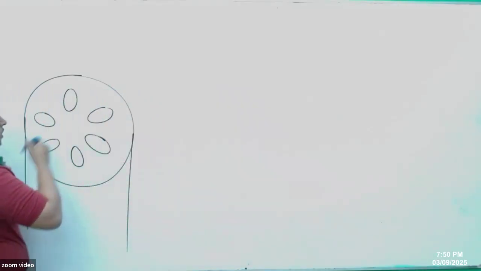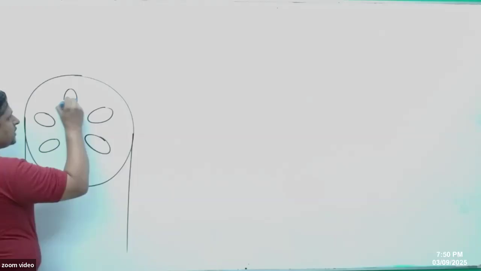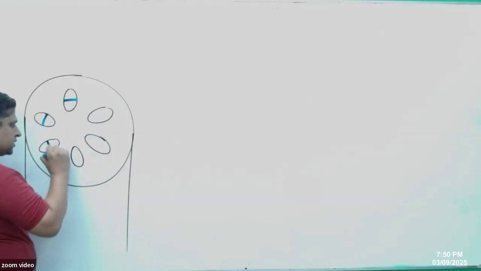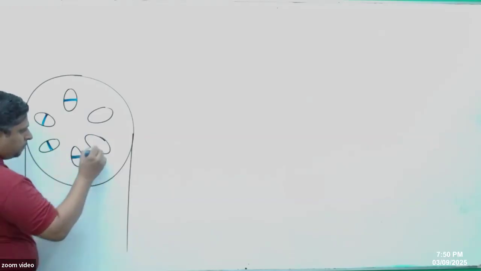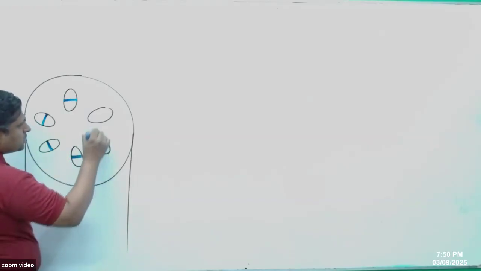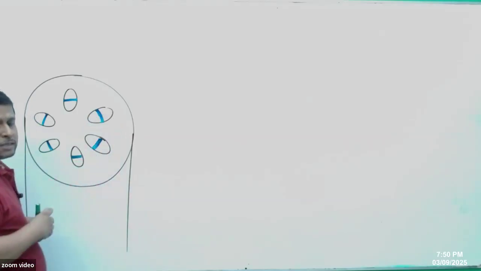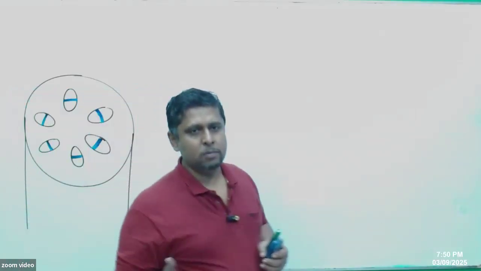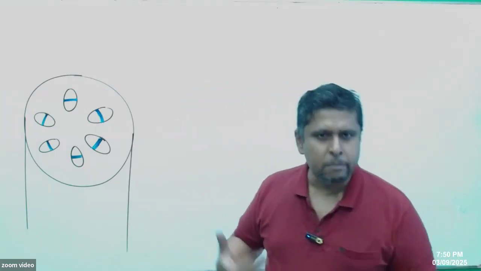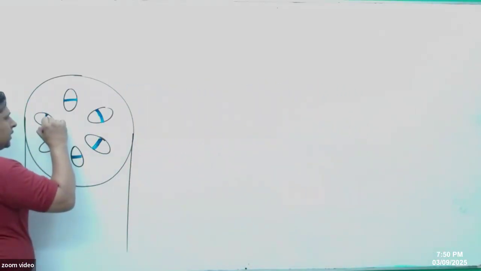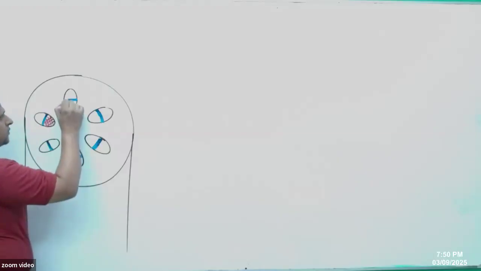Then, in this vascular bundle, you can see some dividing cells present. You can call them cambium. This is a dividing cell layer present inside. You can say cambium, intrafascicular cambium, or else you can just say cambium. Then the red color part: can you tell me what this red color tissue is?